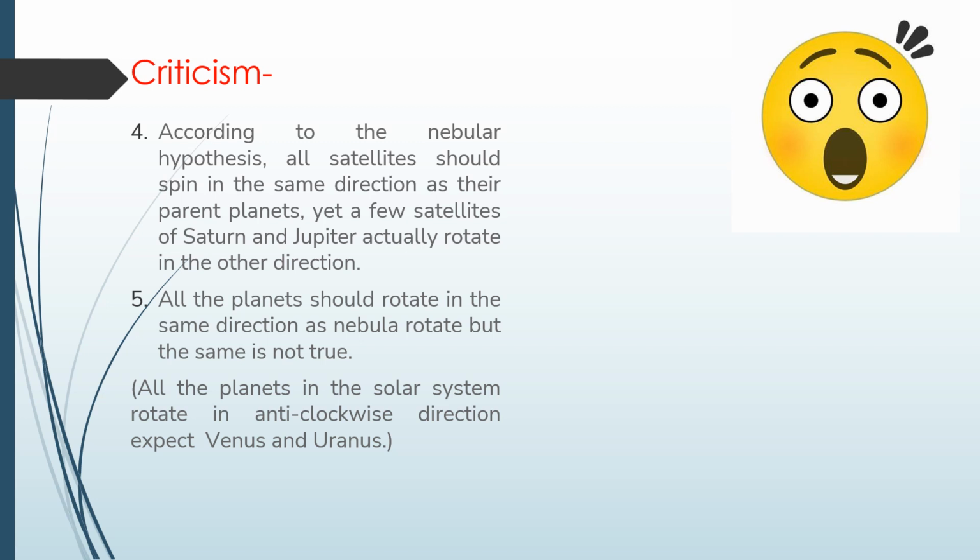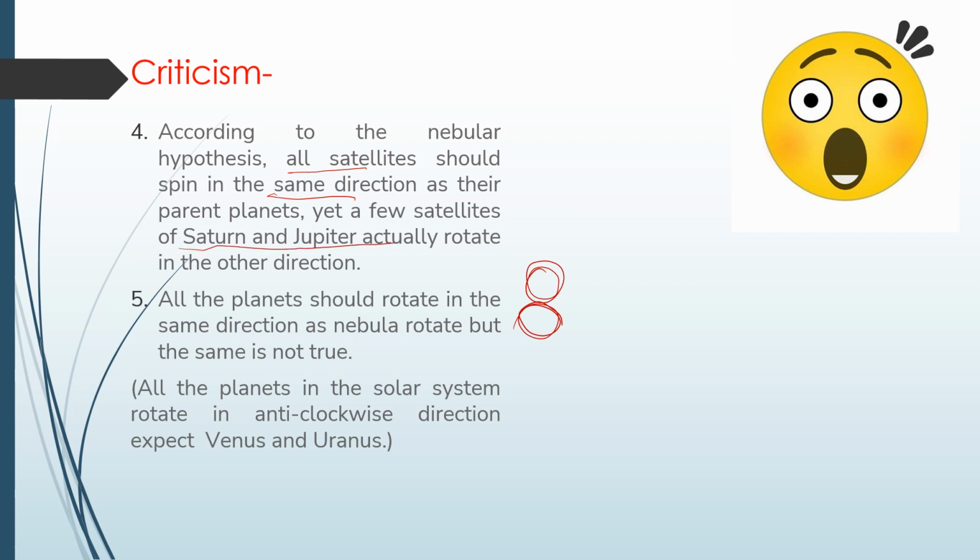Another is that the nebula was rotating in some direction. Why are not all planets or all satellites moving in that direction? According to the nebular hypothesis, all satellites and all planets should spin in the same direction, but it is not true.